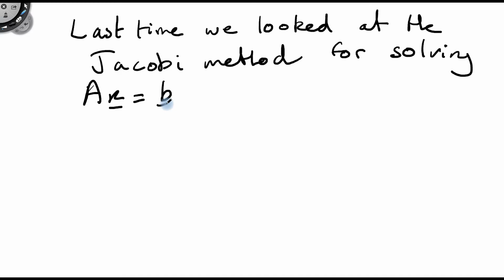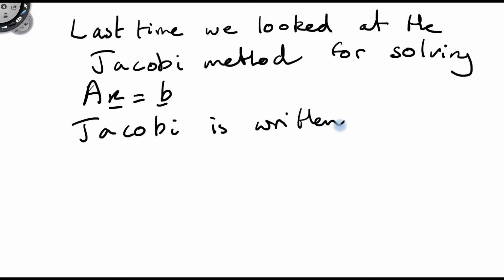And remember, Jacobi can be written in this form: x of n plus 1 equals c minus B of x of n.